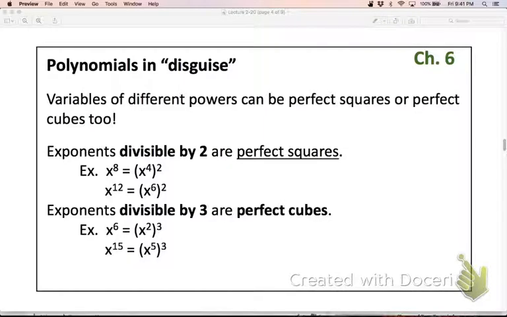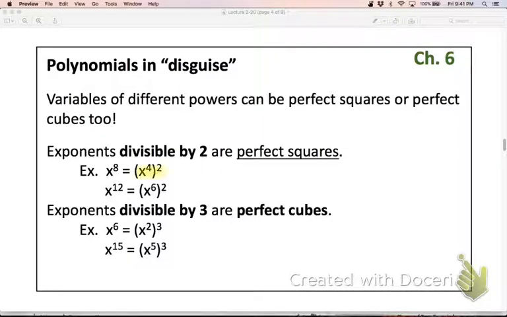So we know how to work with perfect squares and we know how to work with perfect cubes. Because of the way that our properties of exponents work, if you have a power, say x to the 8th, that is divisible by 2, then that means that those represent perfect squares. Because remember, when we do a power of a power, let's think about this backwards first.